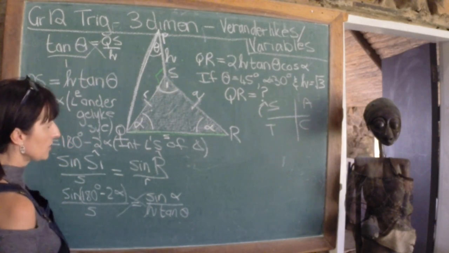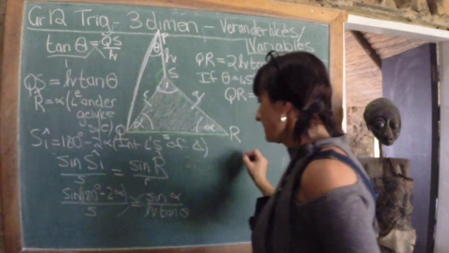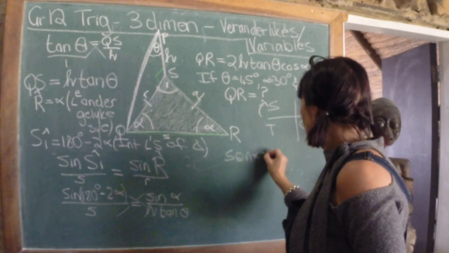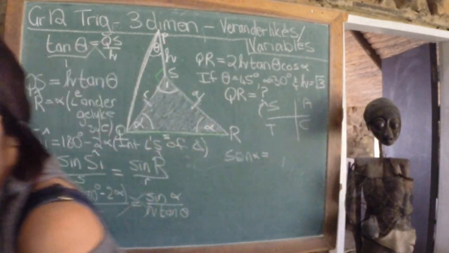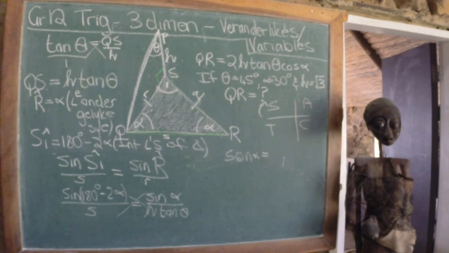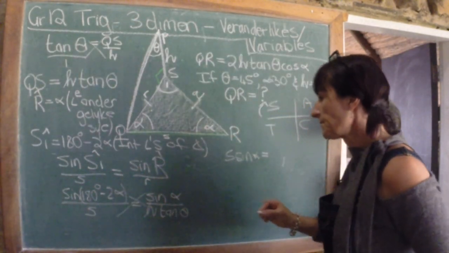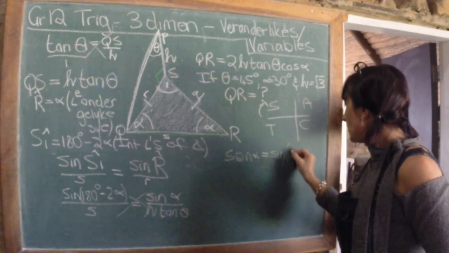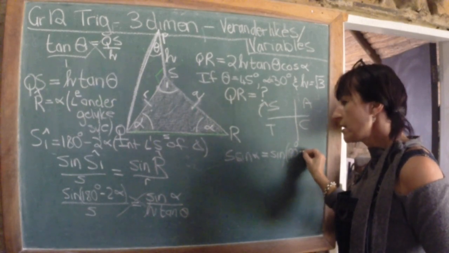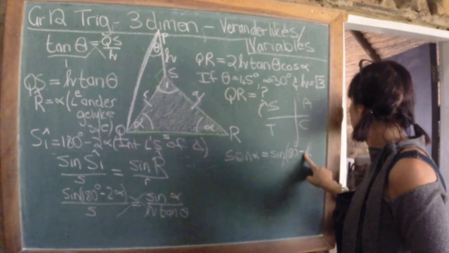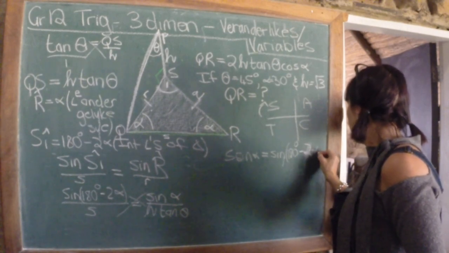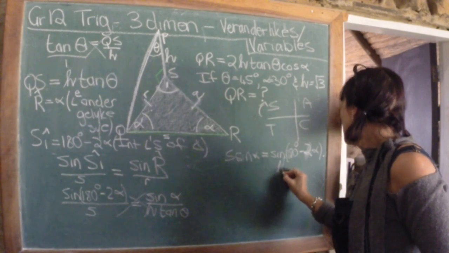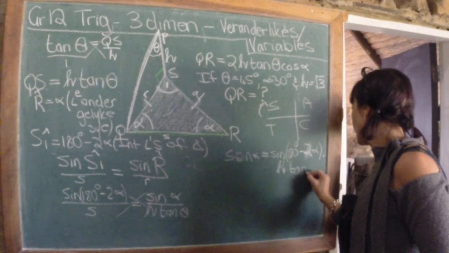Now I can do cross multiplication, so ek kan gaan sê, s maal met sin alpha is gelyk aan die sin van 180 grade minus 2 alpha maal met h tan van theta.